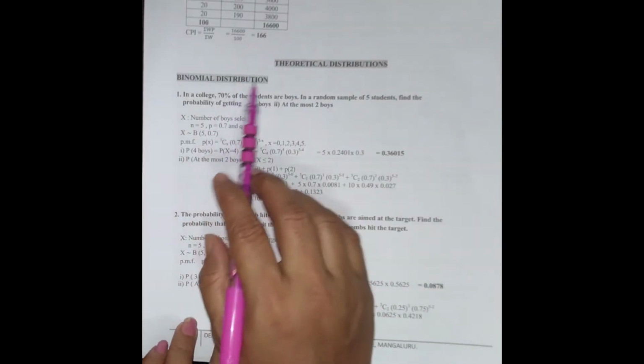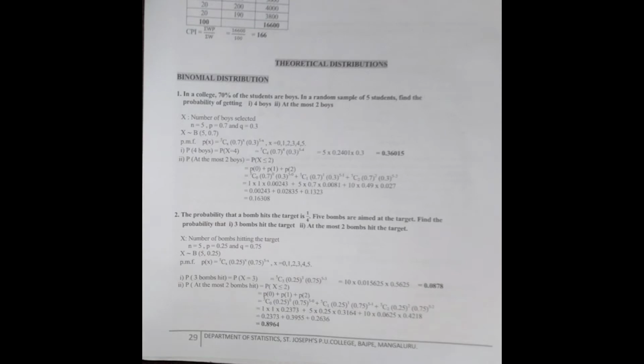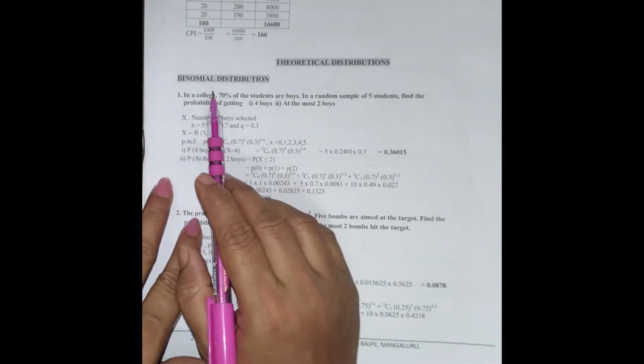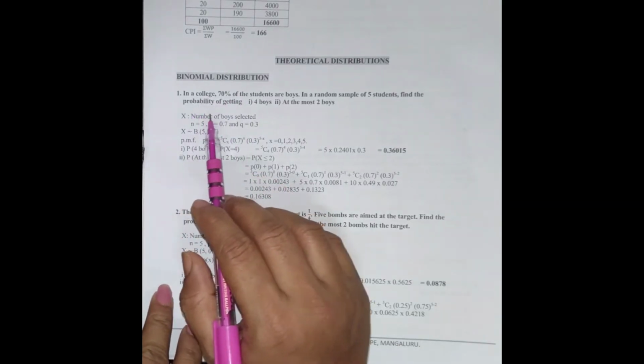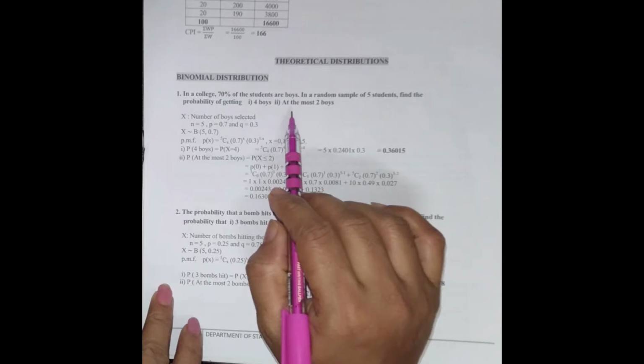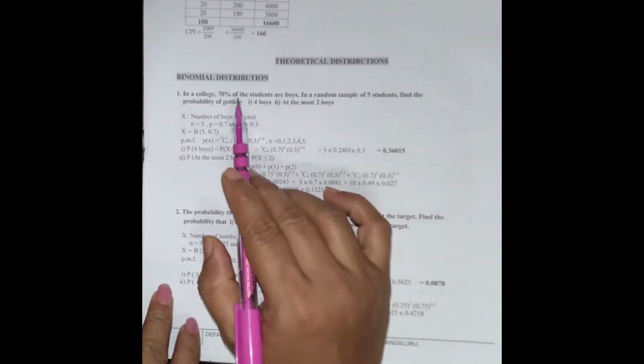I already discussed this in the first video. This is the passing package for the students, and it is by the board only. For the theoretical distributions, most of the questions come from the binomial distribution.